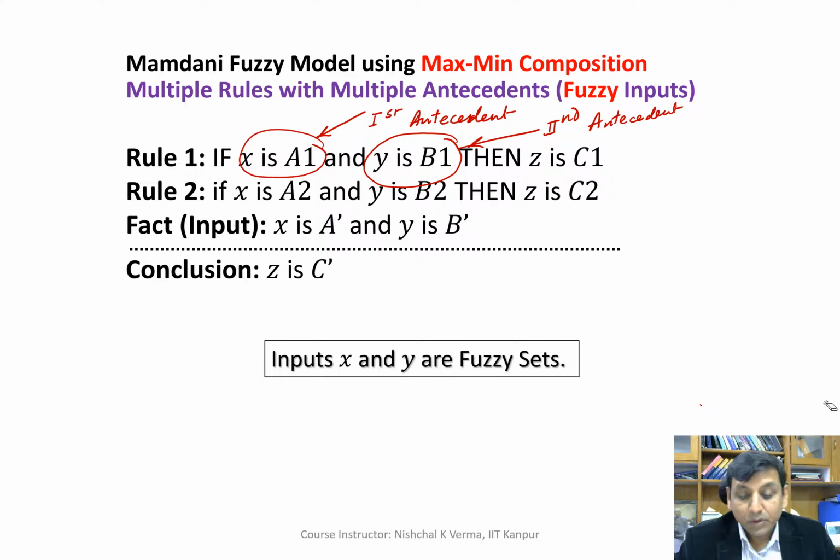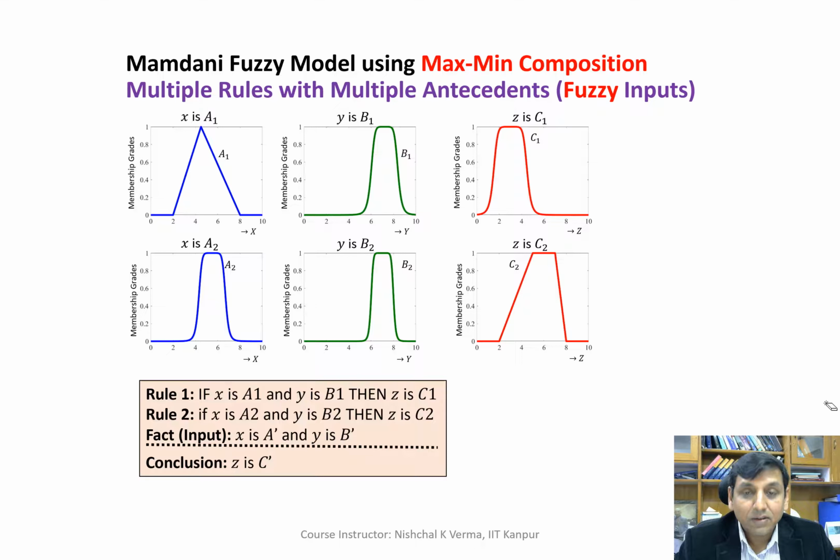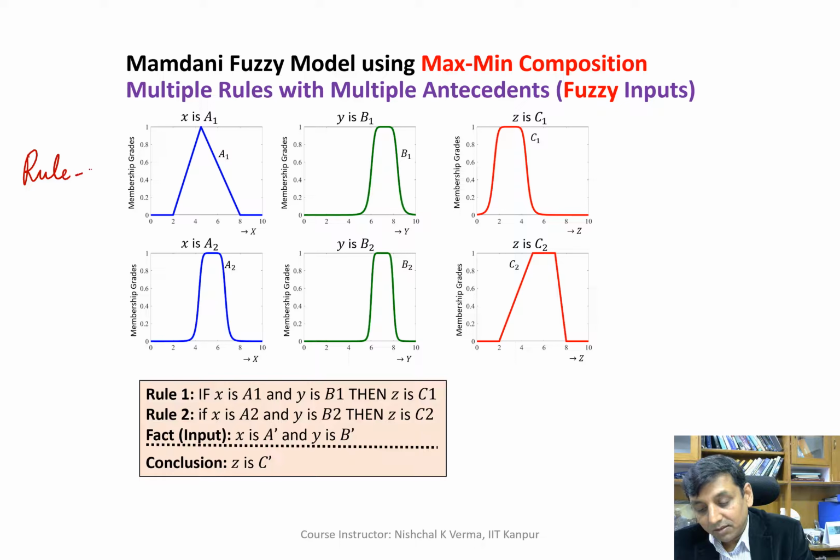Now, on the same lines as we have discussed the two previous scenarios, let us discuss this also. So here we have rule number 1, where x is A1, y is B1, then z is C1.